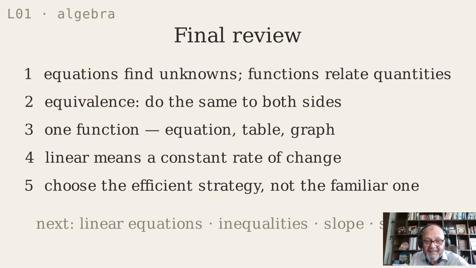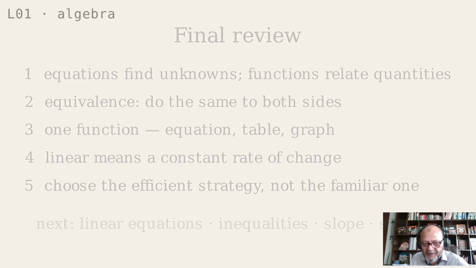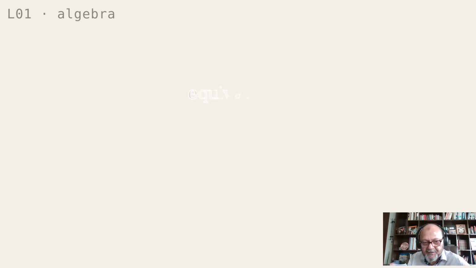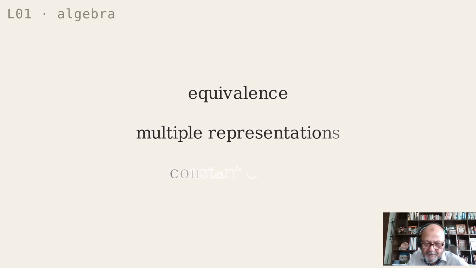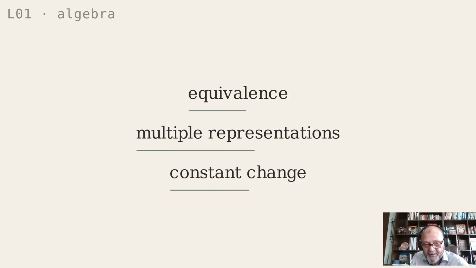In the next lessons, we'll apply these principles to solving linear equations, working with inequalities, interpreting slope and intercepts, and solving systems of equations. Keep the three pillars of SAT algebra in mind: equivalence, multi-representation, and constant rate of change. Once these ideas become familiar, algebra stops looking like a collection of confusing symbols and starts becoming a logical system that you can control.